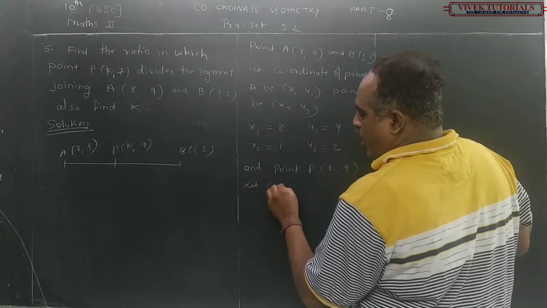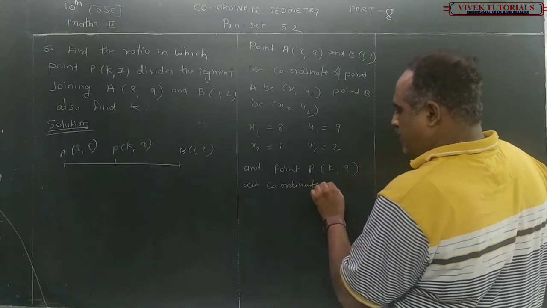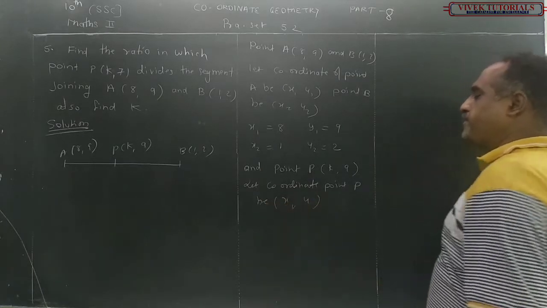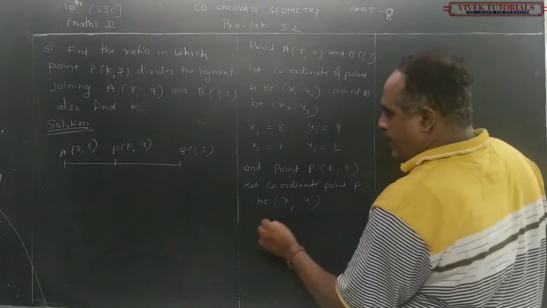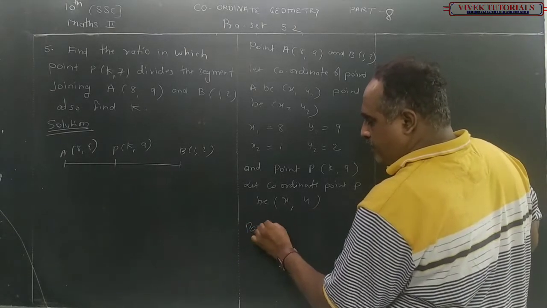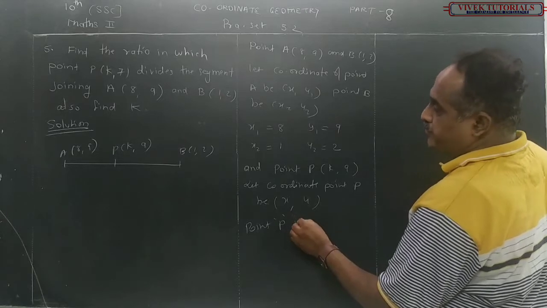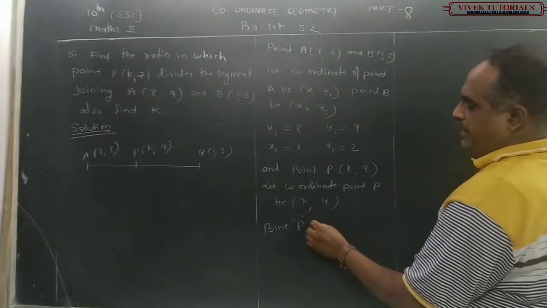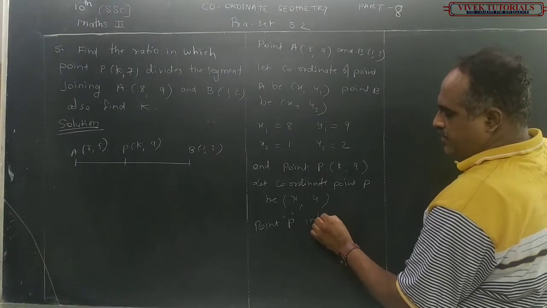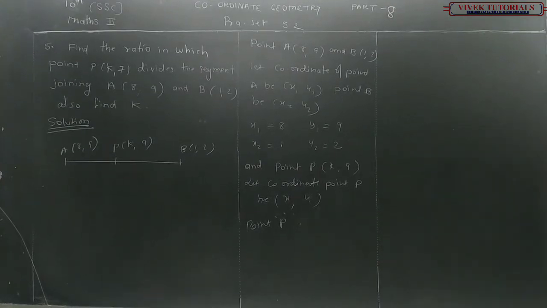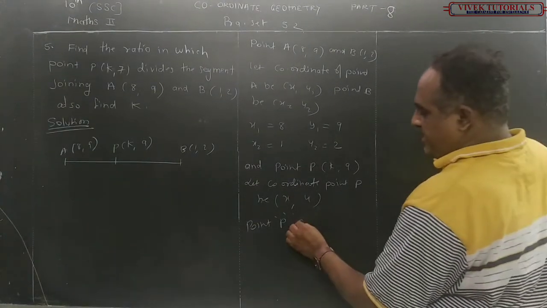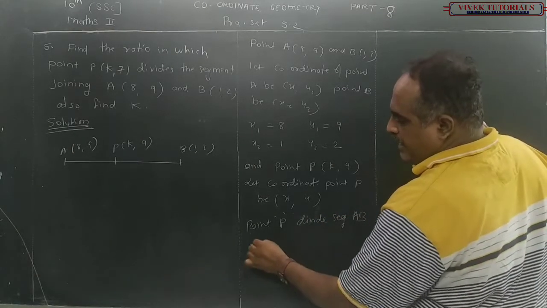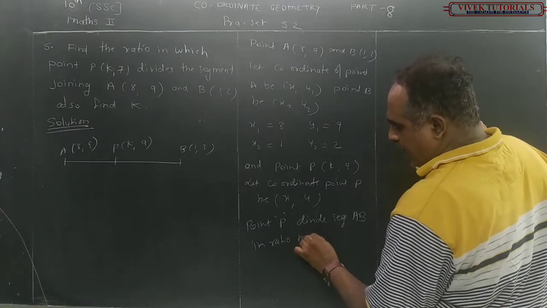Let the coordinates of point P be x, y. Point P divides segment AB in the ratio m is to n.